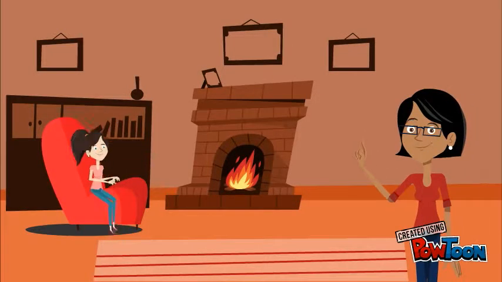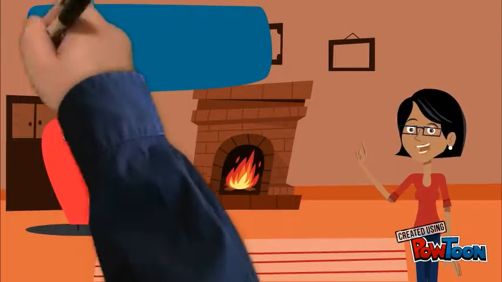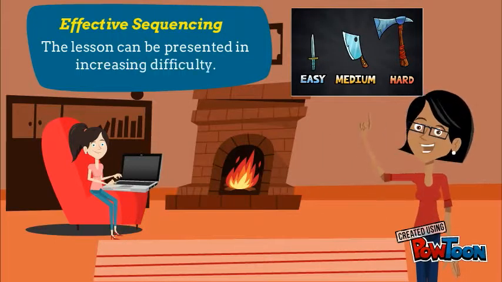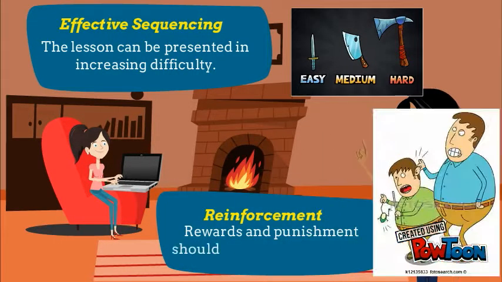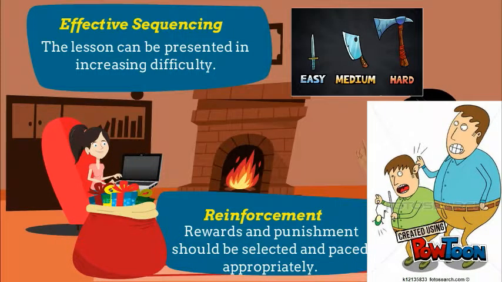The third aspect is the effective sequencing, where the lesson can be presented in increasing difficulty, and the last one is reinforcement, wherein rewards and punishment should be selected and paced appropriately.